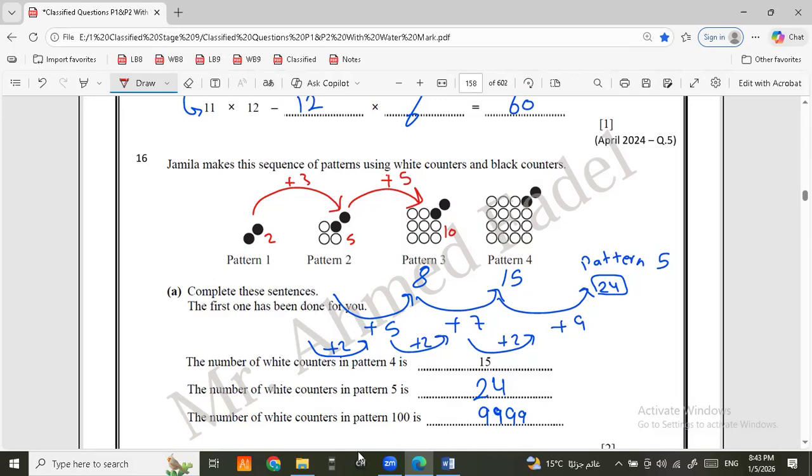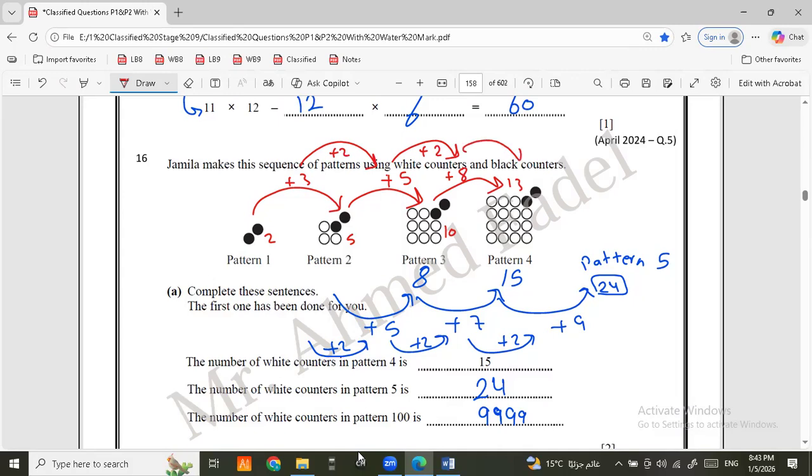Then from 10, it became 13. So we added 8. What is happening? It is still a quadratic sequence because the first differences are not the same. The second differences are the same. All right, and so on.